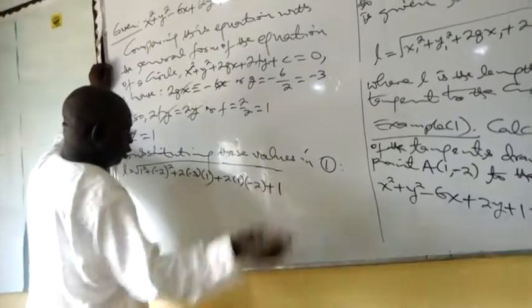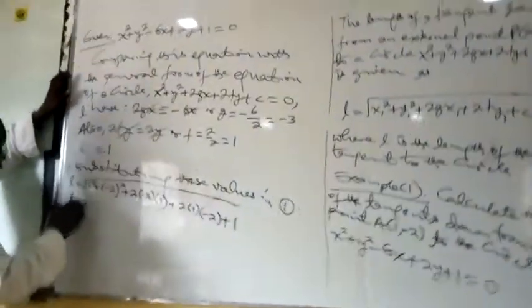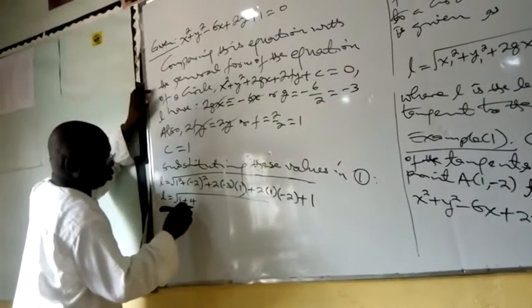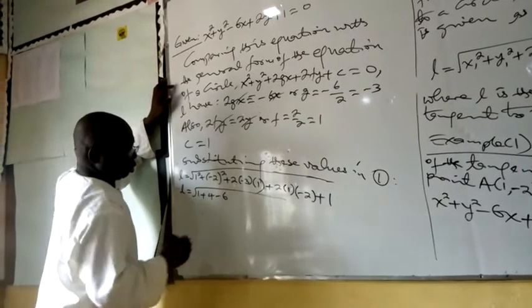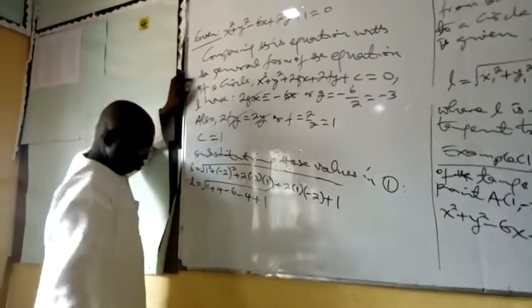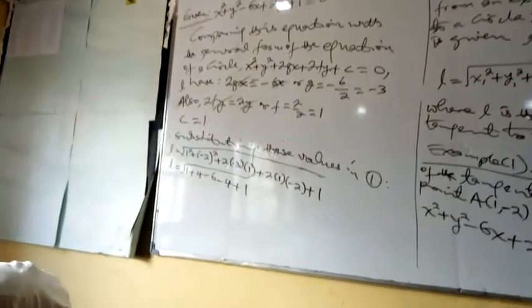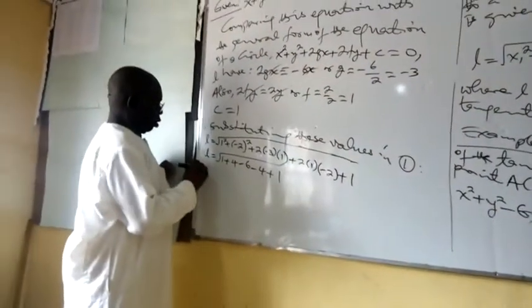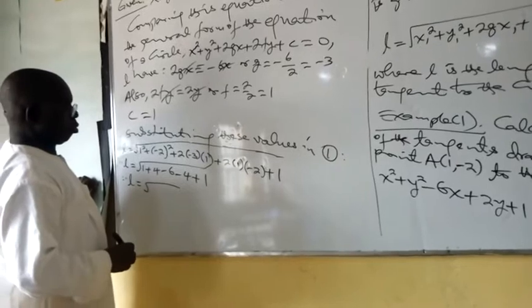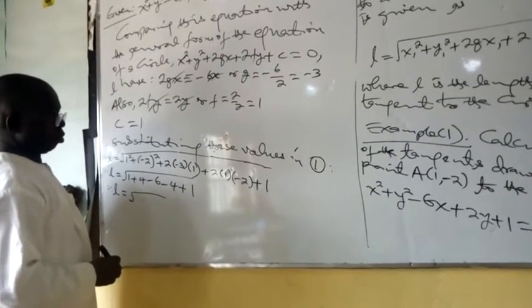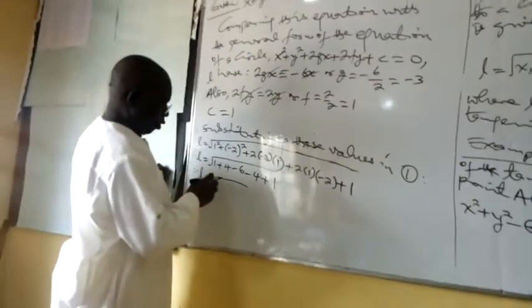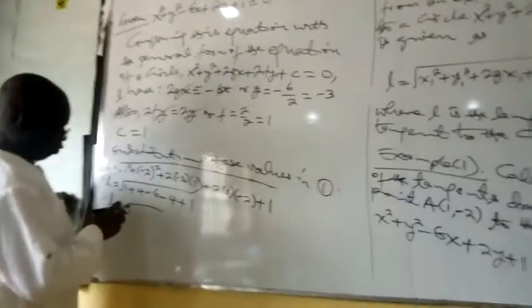So direct substitution: L is equal to the root of 1 plus 4 minus 6 minus 4 plus 1 plus 1.